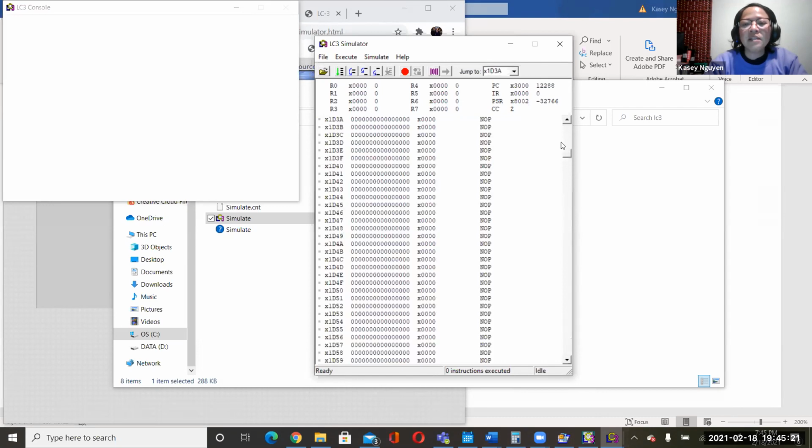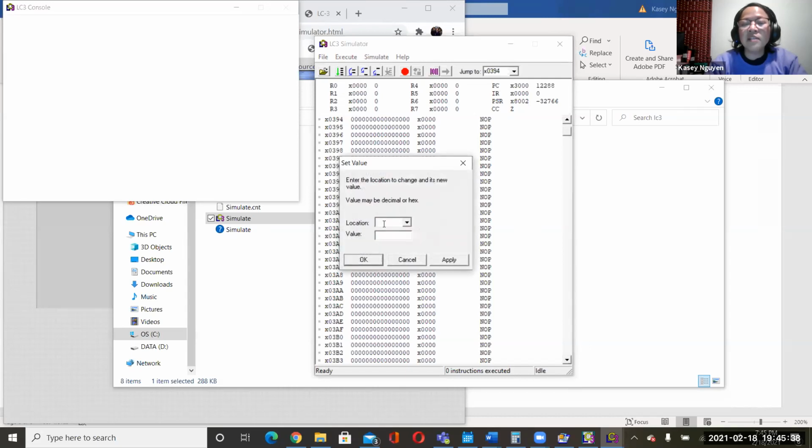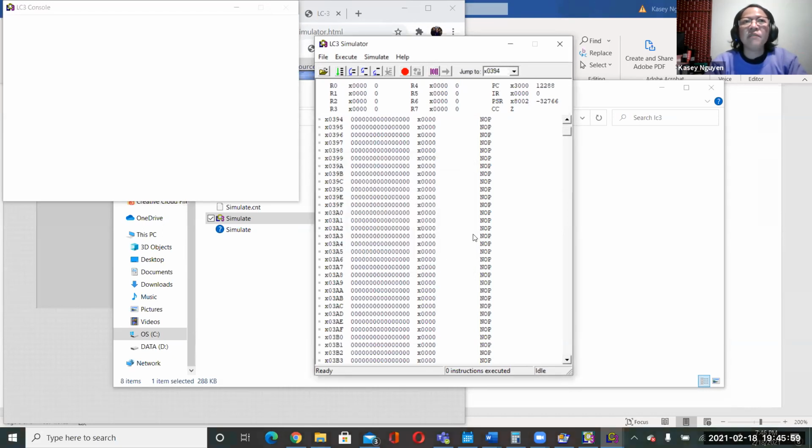We will play with this next week, and I will walk you through how to use it. You have step through, run the program, step over, you can pause it, and you can set a certain value to a location so you can test it. If you wrote a program that multiplies every variable by 2, or an exponent program, this is how you can test it, through the test value button, and see if it's giving you the right output.